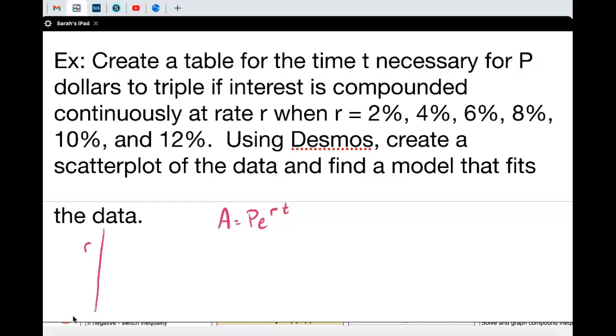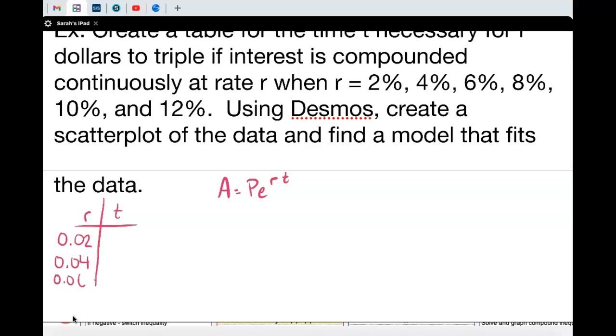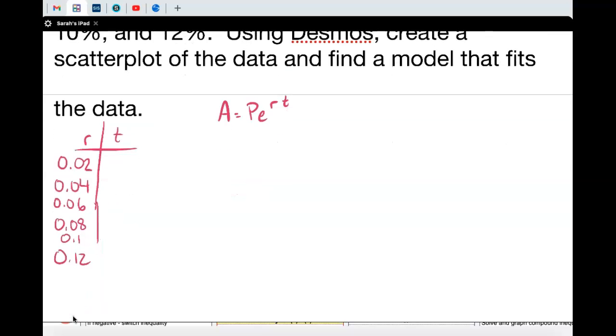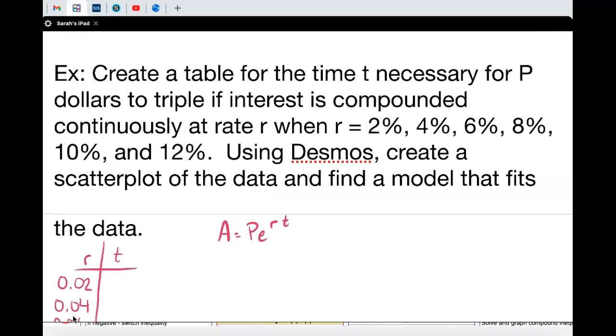We're going to create a table with R and T. So R we know is 0.02, 0.04, 0.06, 0.08, 0.10, and 0.12. So then we're going to find the time necessary to triple the amount. So technically we don't even need to know the principal amounts if I know we're tripling.